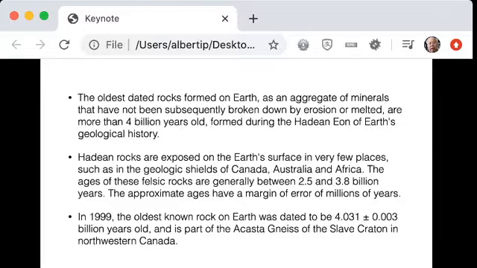There are three geological areas where the surface has not been turned over by tectonic effects: Canada, Australia, and Africa. We believe these continental areas are very old, meaning they haven't gone underneath another continent and gotten melted. Because of that, we might be able to find very old rock in these three areas. The oldest at the moment is found in Canada.